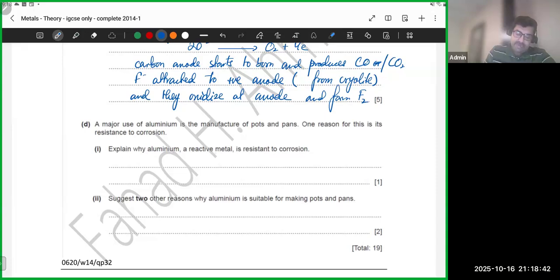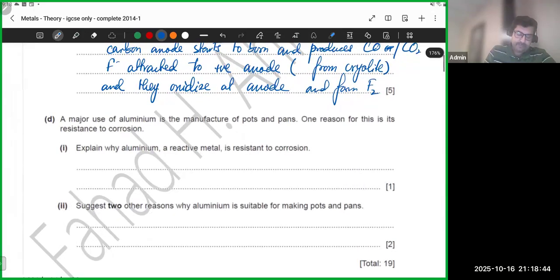अच्छा, aluminium, a reactive metal, is resistant to corrosion. So, क्या थी उसकी reason? Anyone?